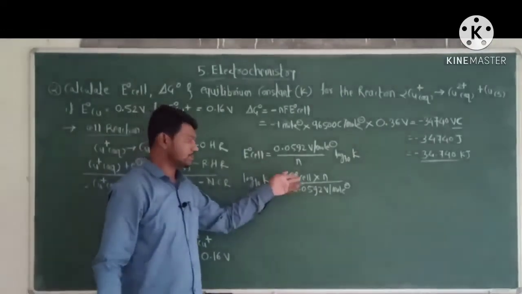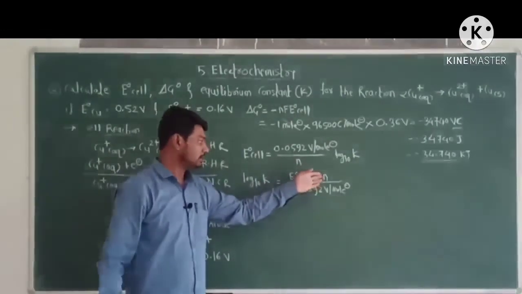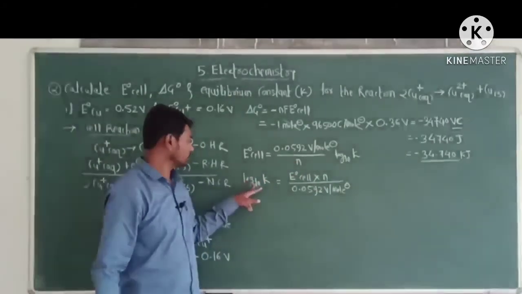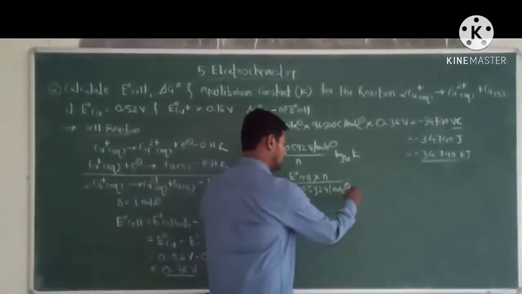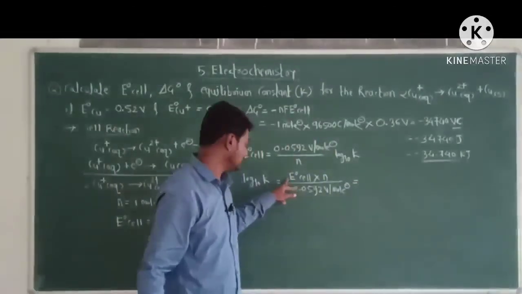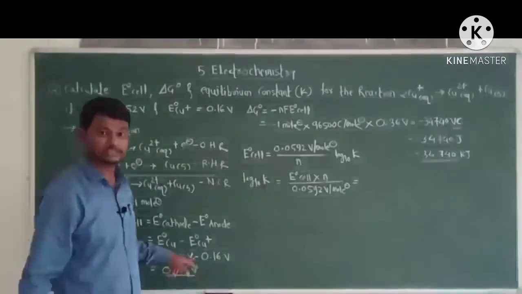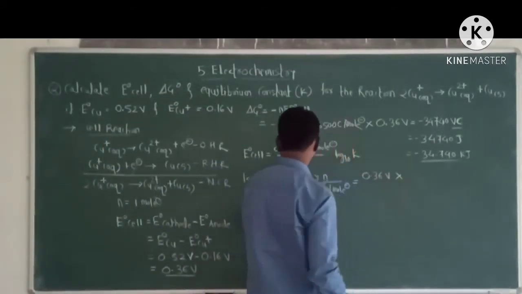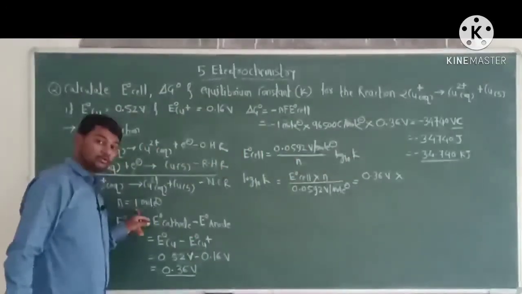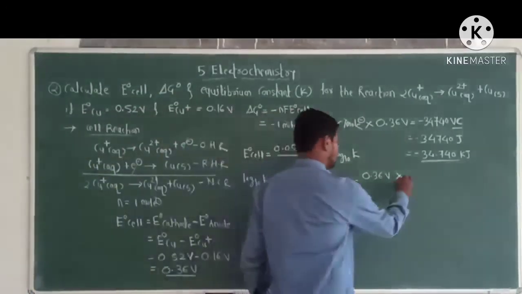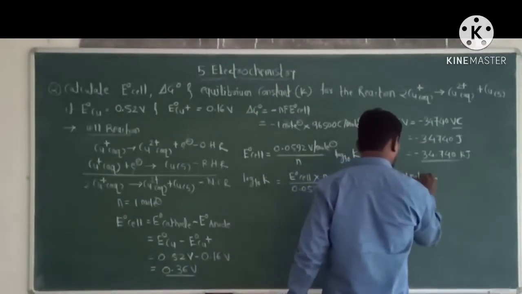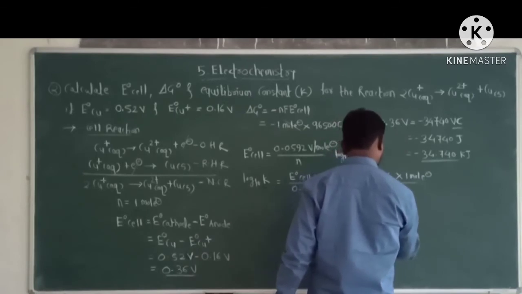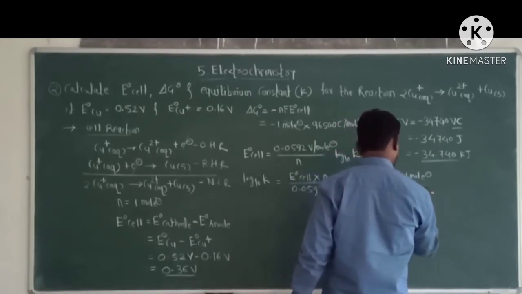Okay, put the value of E0 cell and n and solve this equation. Log to the base 10 K: E0 cell is 0.36 volt into n, where n is 1 mole electron, divided by 0.0592 volt per mole electron.